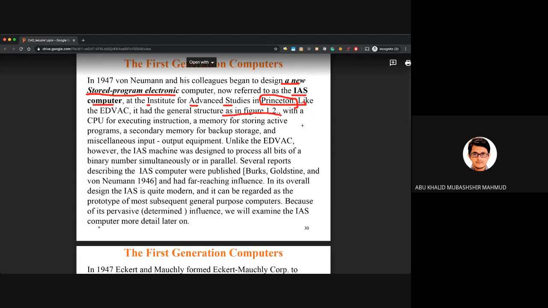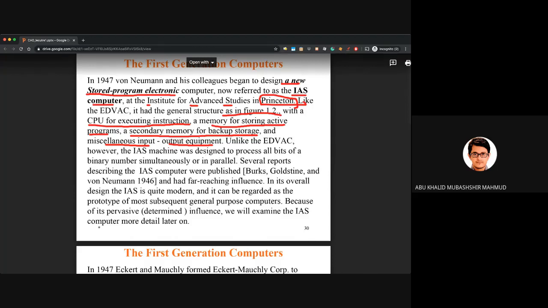We have seen it in the previous slide, with a CPU for executing instructions, a memory for storing active programs, a secondary memory for backup storage, and miscellaneous input-output equipment. Unlike the EDVAC, however, the IAS machine was designed to process all bits of a binary number simultaneously or in parallel.